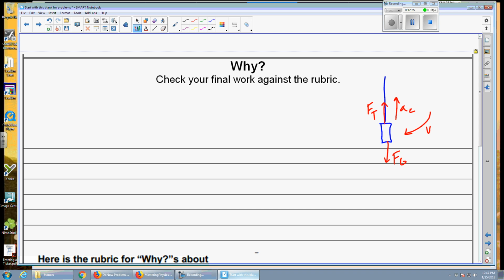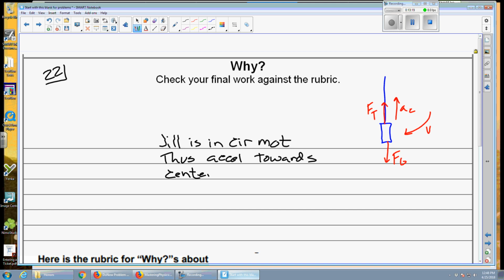This is 22. So Jill is in circular motion, thus accelerates towards the center.